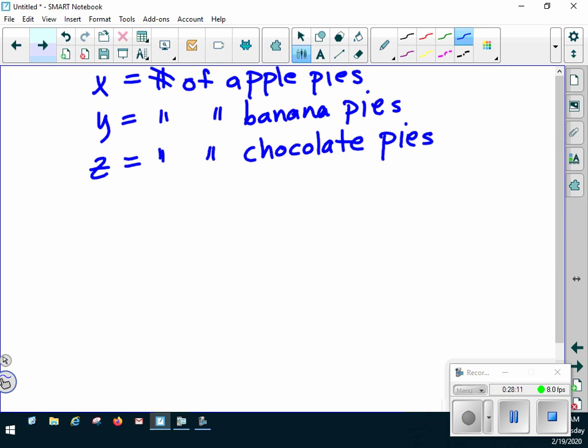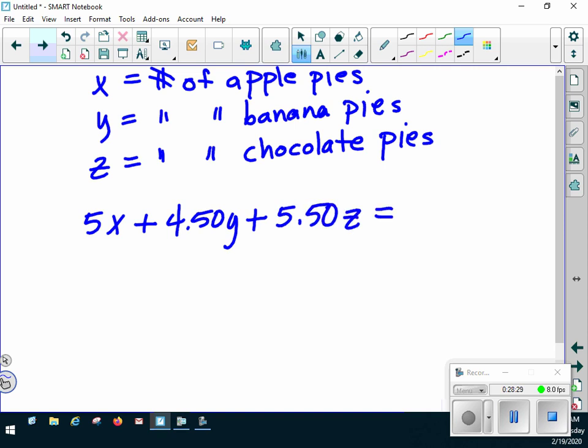What's the value of X apple pies? Each one costs $5, so 5X. $4.50 for each banana pie. And $5.50 for each chocolate pie. That totals $82.